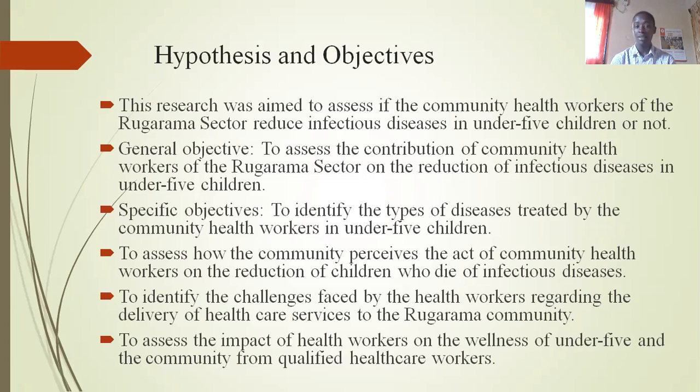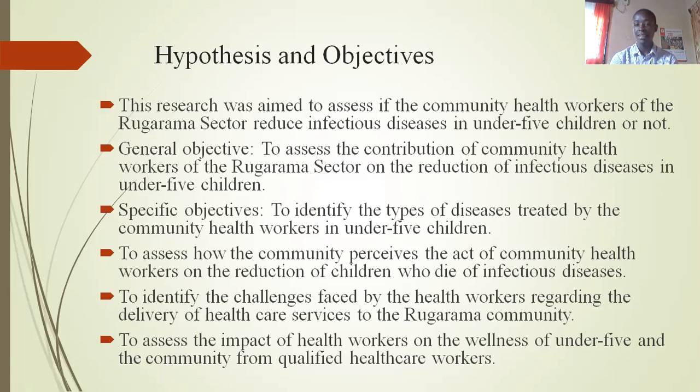The second was to assess how the community perceives the act of community health workers on the reduction of children who die of infectious diseases. The third was to identify the challenges faced by the health workers regarding the delivery of healthcare services to the Rugarama community. And the fourth was to assess the impact of community health workers on the awareness of under 5 children and the community from qualified healthcare workers.